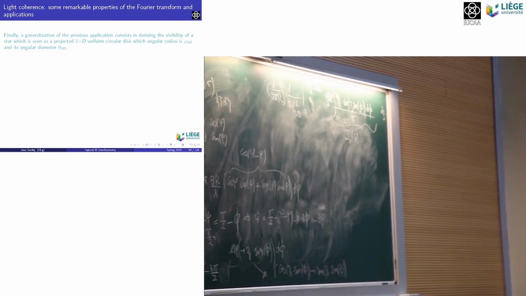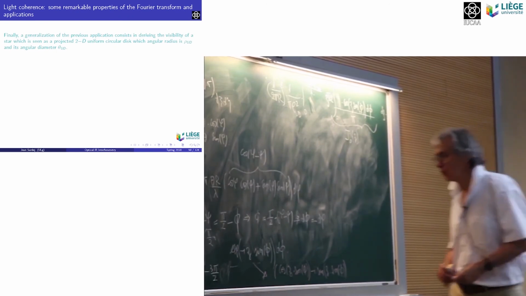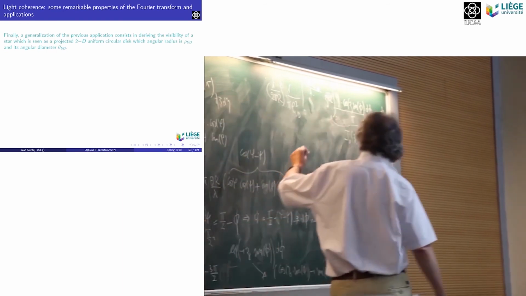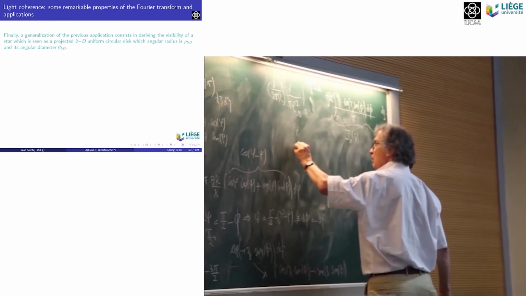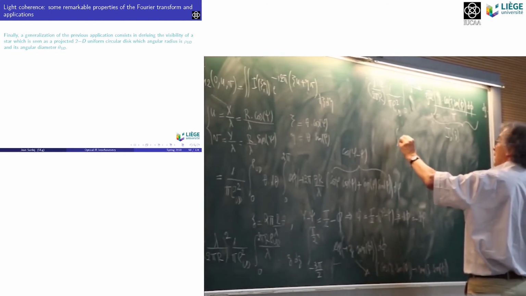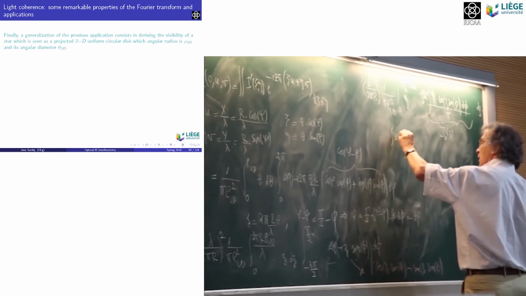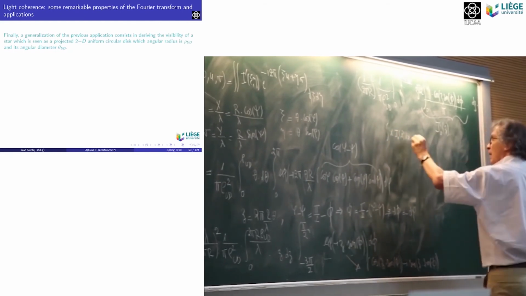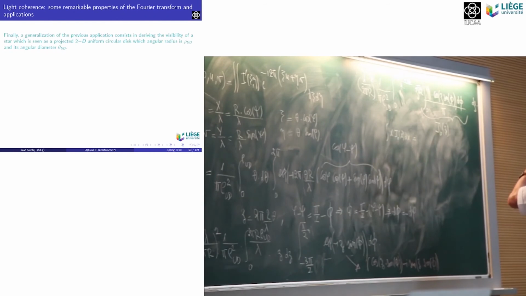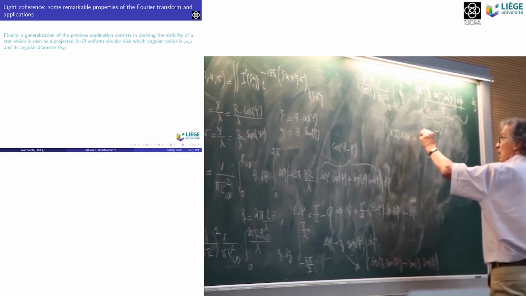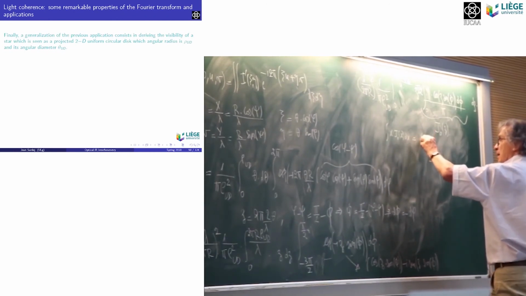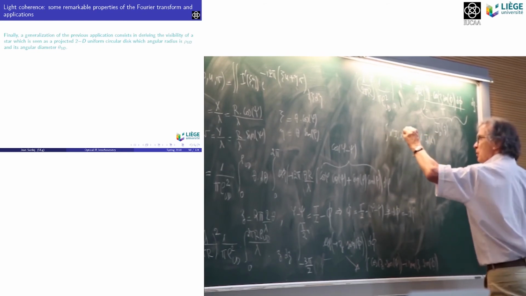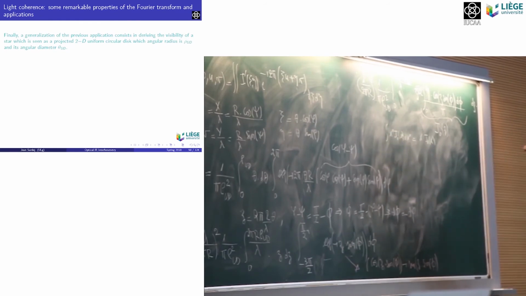Now I will make use of another property: the integration of x J0(x) dx is in fact equal to x times J1(x).